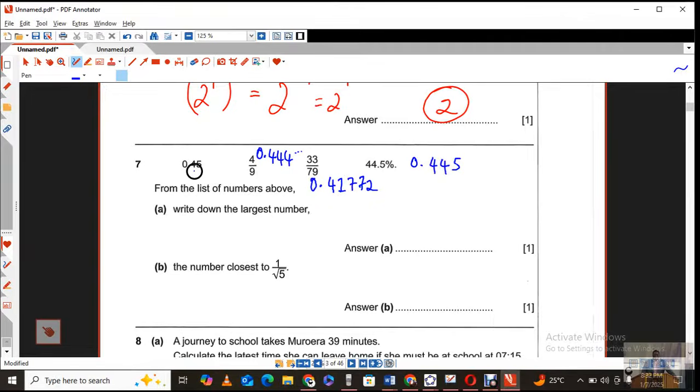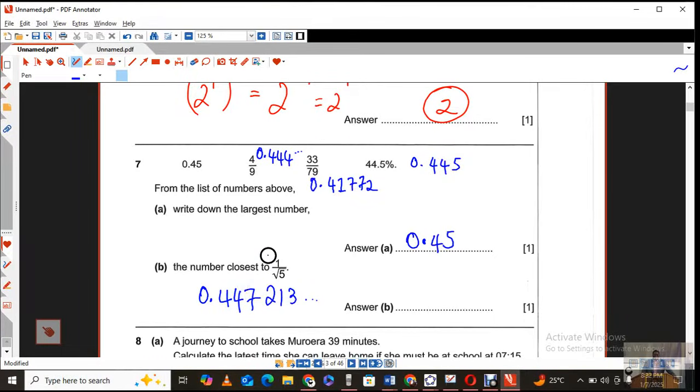Now again, you compare place values. So the first 4 does not really change, doesn't give you any direction. But here you have your hundreds, it's 500s, 400s, 100s, 400s. So this one, 0.45, becomes the bigger one there because of the place value of the 5. Now, for a number close to 1 over root 5, of course, you can punch that onto your calculator. It should give you 0.447213, and so on.